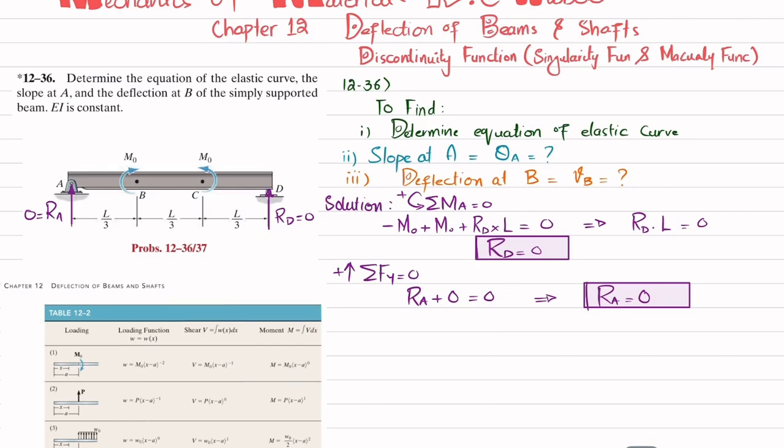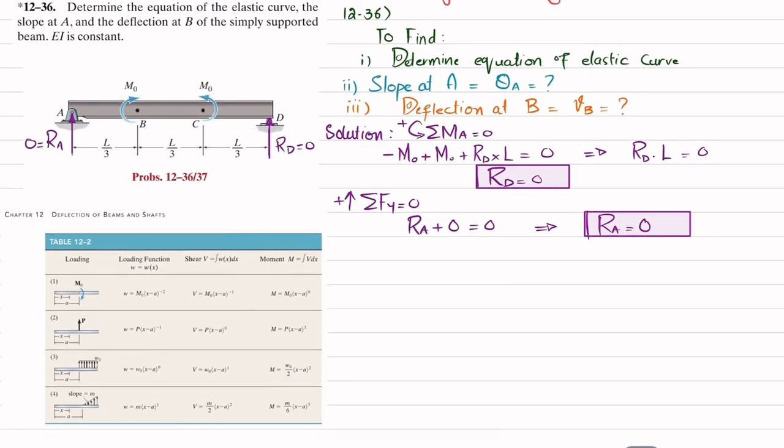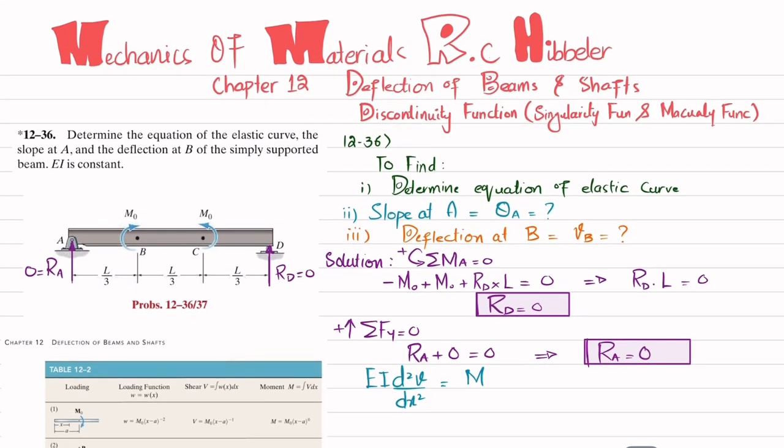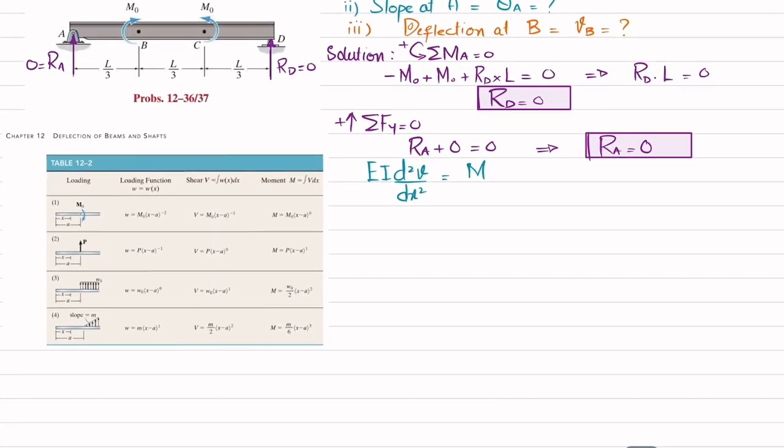So what we will do is find the equation of elastic curve, that can be found by using this formula EI into d square V over dx square is equal to moment. So we will find the moment by using singularity function, and you can see this table.